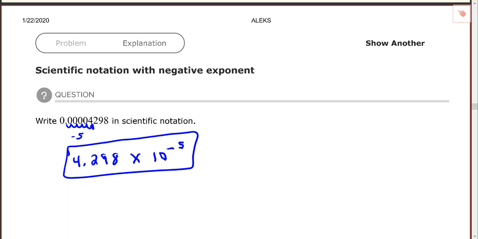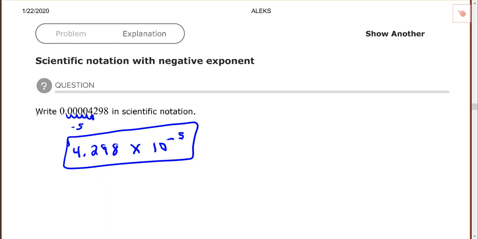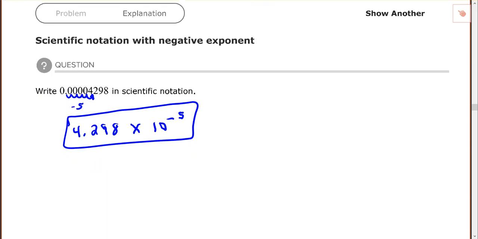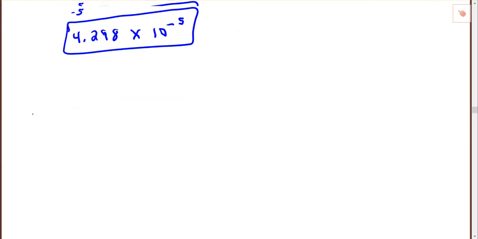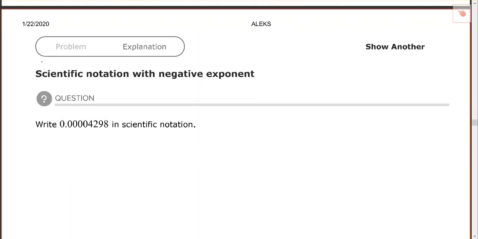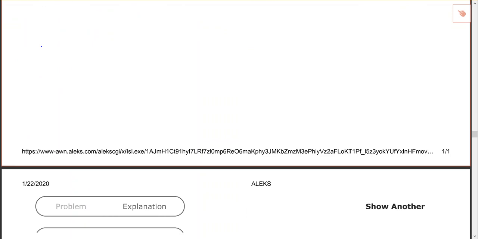I need to go back to that smaller number, so I would have to divide by 10 by 10 by 10 by 10. So when you see a negative exponent, you know that that is a small number. Okay, I think that's the same thing there. So we'll just skip that one.